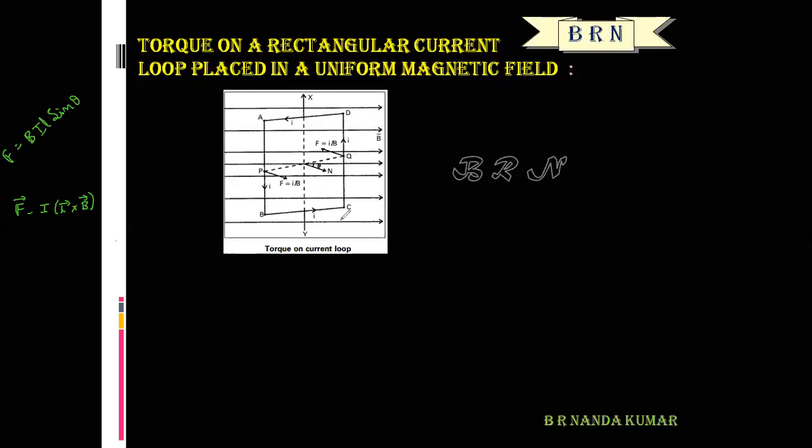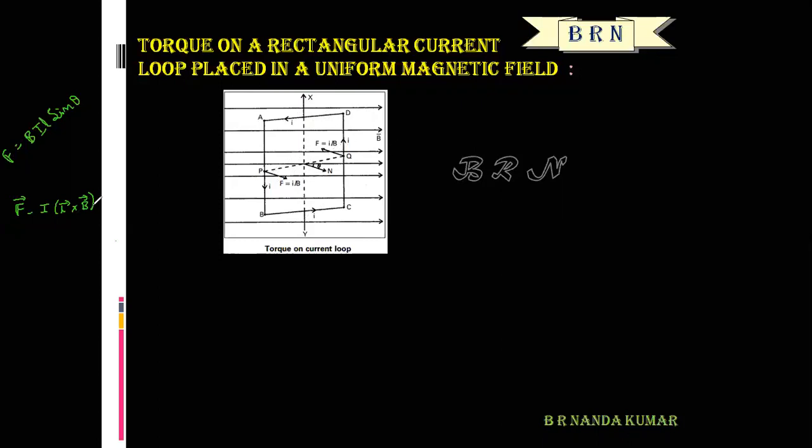Actually here, for the side BC, the L vector is parallel to the B vector. AB is perpendicular to the B vector, BC is parallel to the B vector, and the B vector means the direction of the magnetic field. CD is perpendicular to the B vector, and DA is anti-parallel to the B vector.